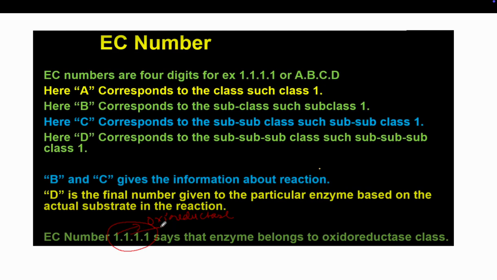The second one tells us about the substrate, which here is the alcohol group, CH2OH, meaning it will reduce or oxidize this CH2OH group. The third one tells us the electron transfer: the electron donor here is NAD or NADP.